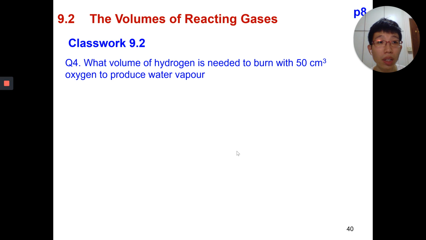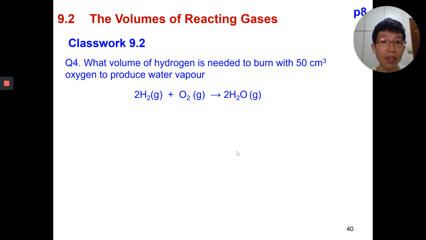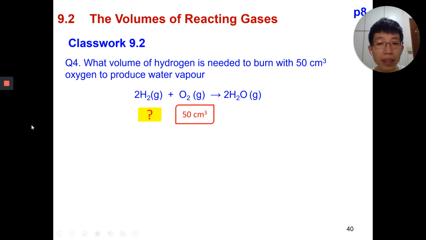Question 4, what volume of hydrogen is needed to burn with 50 cm cube of oxygen to produce water vapor? What's the difference in this question is that instead of finding the volume between a reactant and a product, now both volumes of gases involve the reactants. My question mark is here because I want to find out what volume of hydrogen I need to use.